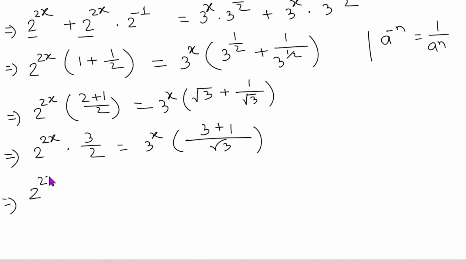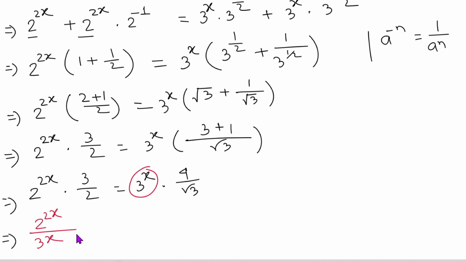So 2 to the power 2x times 3 by 2 equals 3 to the power x, and here 3 plus 1 is 4 by root 3. So now cross multiplication, this 3 to the power x becomes, look, 2 to the power 2x divided by 3 to the power x equals, here 2 times 4 divided by 3 times root 3.